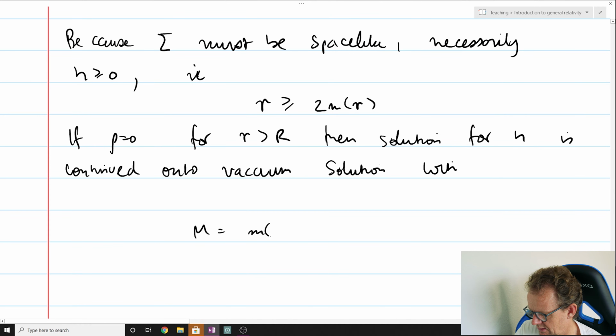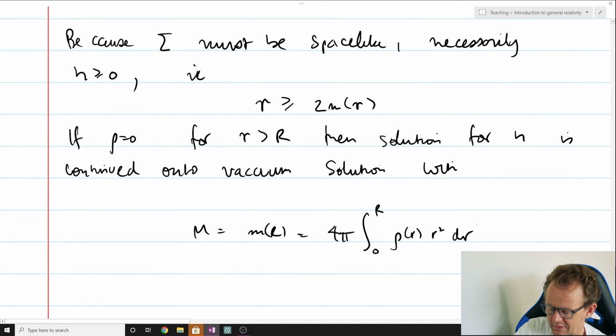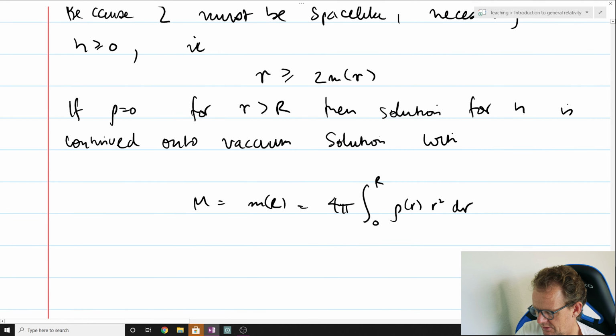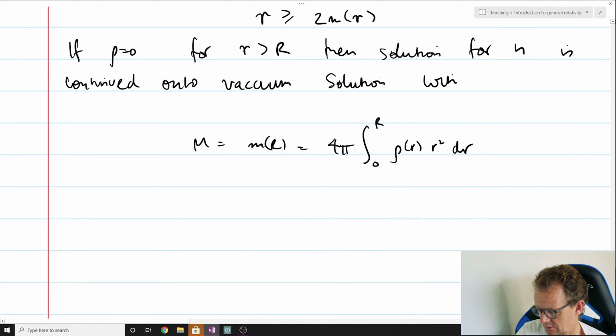And it is continued in that fashion if at the exterior radius of the celestial object, big M is precisely little m evaluated at R. So we found H, or we found the relationship between H and rho, to be more precise.